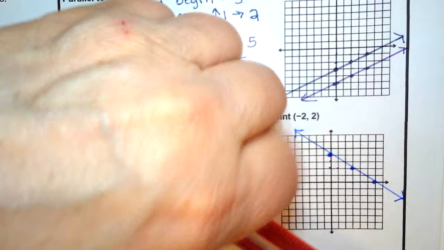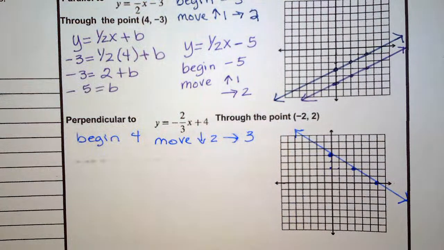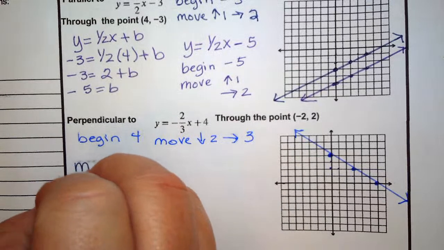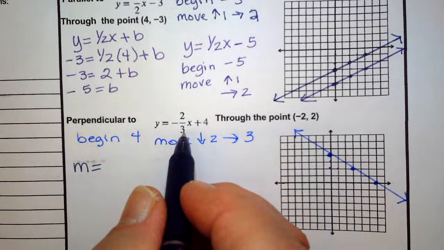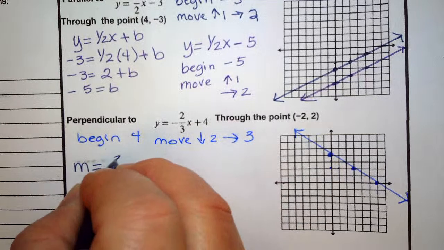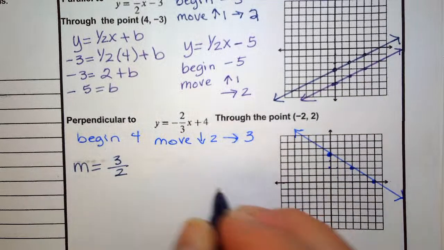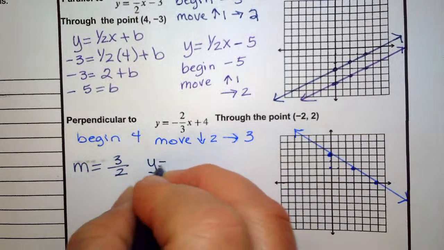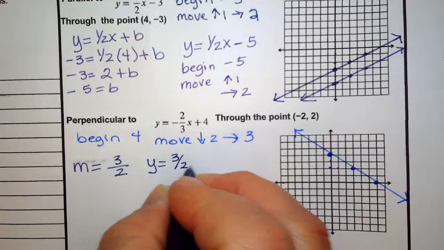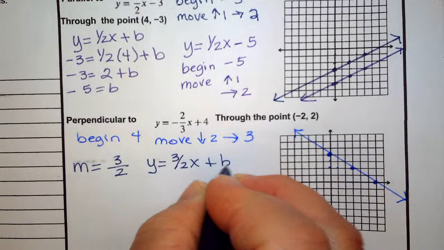Okay, so what does perpendicular mean about my slopes? Well, the slope will be the opposite reciprocal. The opposite of a negative 2/3 is a positive 3/2. So this becomes y equals 3/2 x plus b.